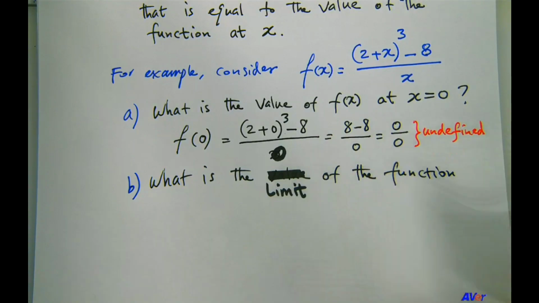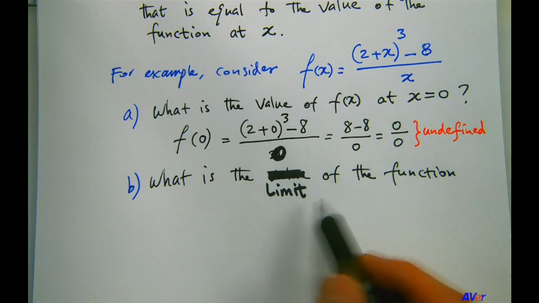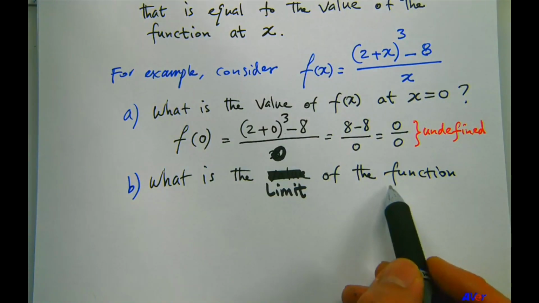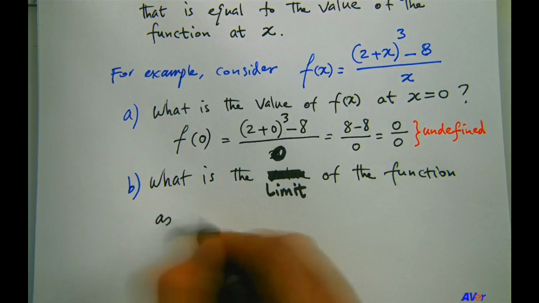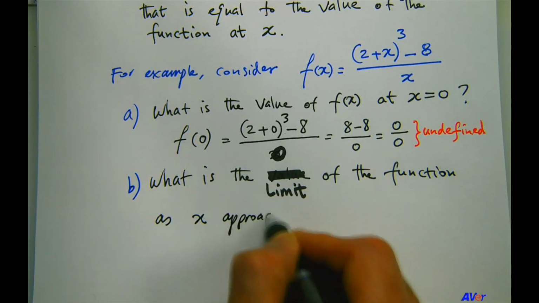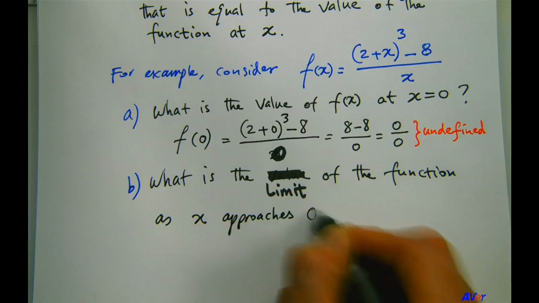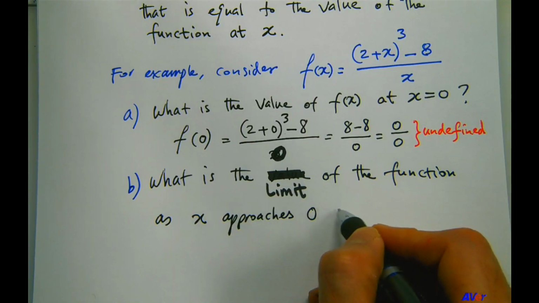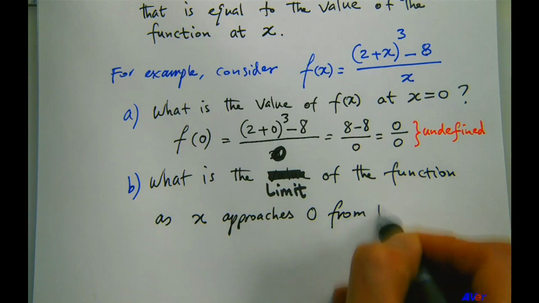Because we know the value of the function at x equals 0 is undefined or does not exist. So what is the limit of the function as x approaches 0? And let's specify from the left.